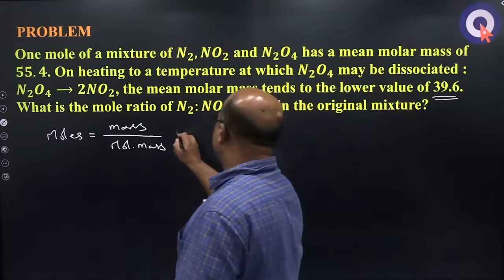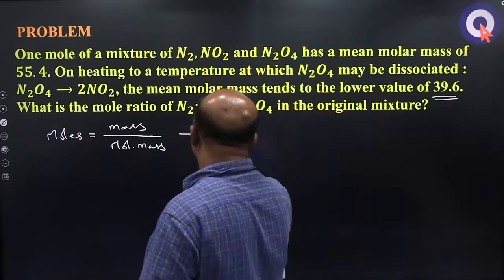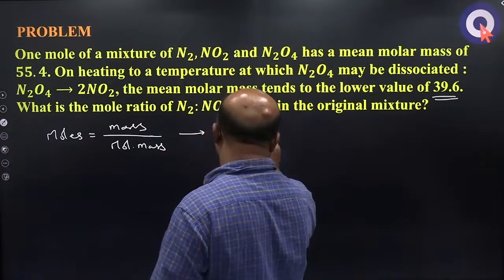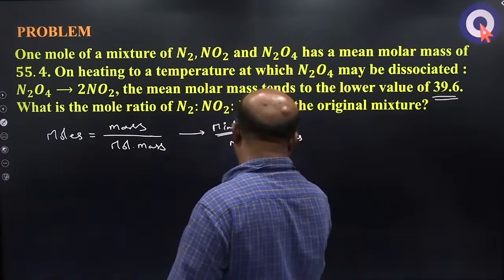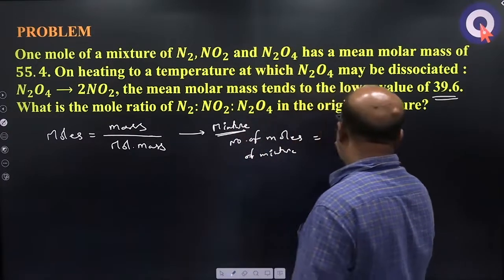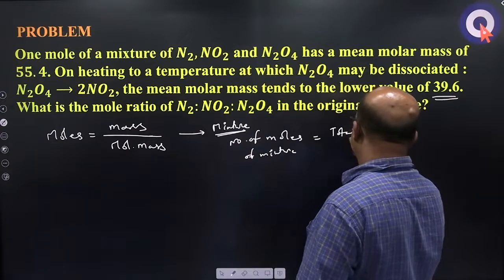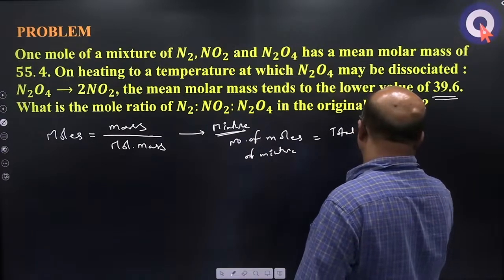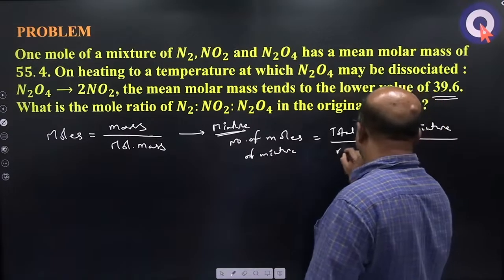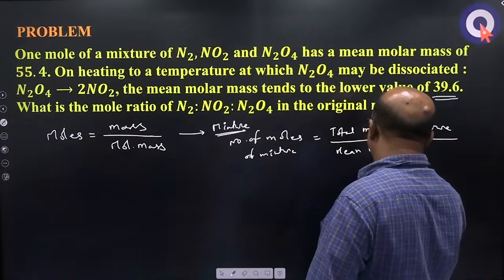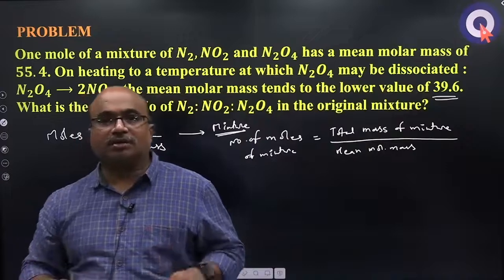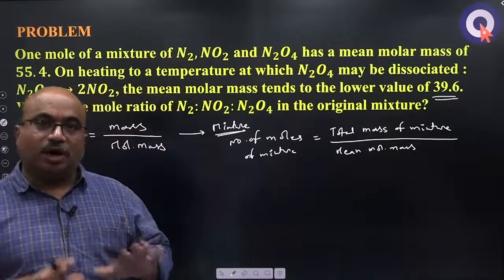So the number of moles of the mixture is the total mass of the mixture by the mean molecular mass of the mixture.